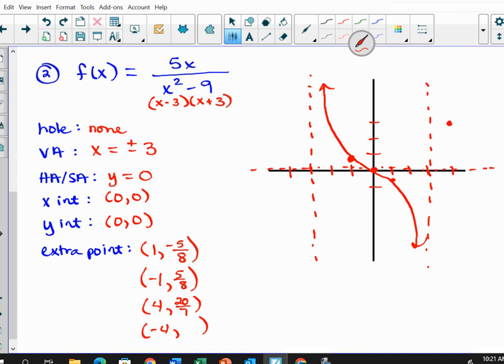Okay, then negative 4. I get negative 20 over what? Over 7 again. So this one's almost negative 3. You guys see it? Okay. I am not looking for perfection on those plotted points, especially when they're fractions.